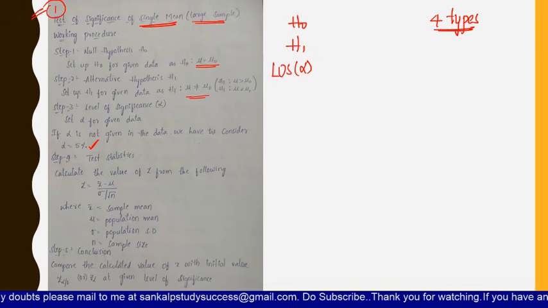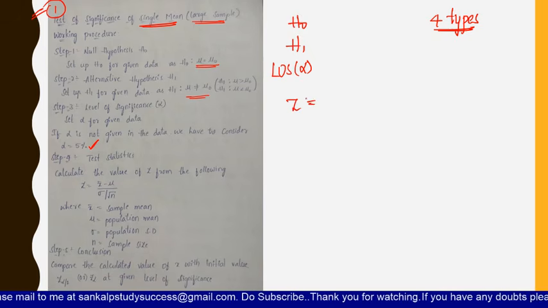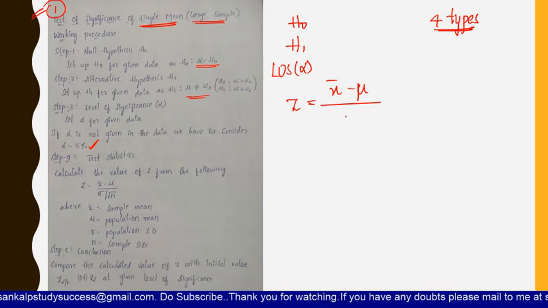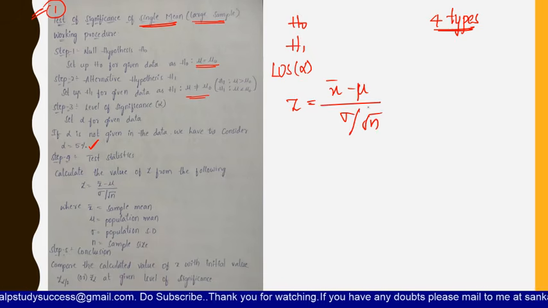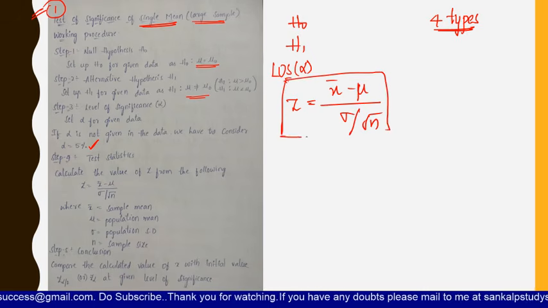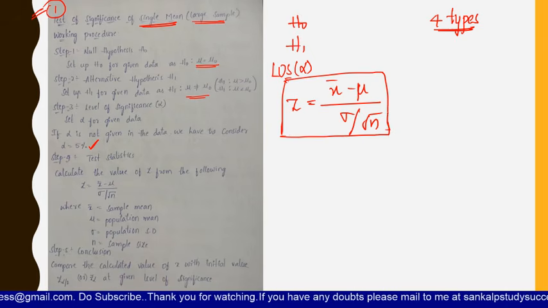So coming to step 4, test statistics. Here is the formula with the z value, which we need to calculate. The calculated z value for a single mean is x bar minus mu by sigma by root n. This is the important formula, because for single mean problems we are going to calculate the z value using this formula.